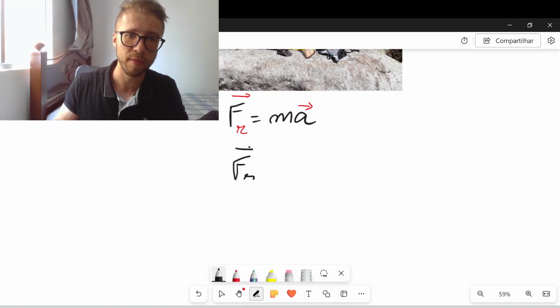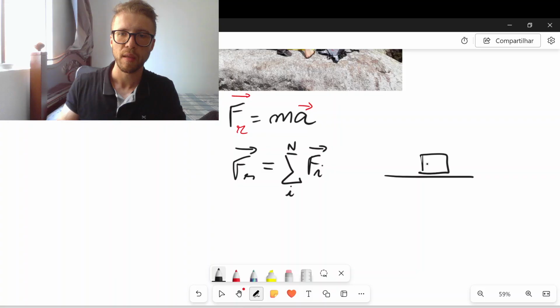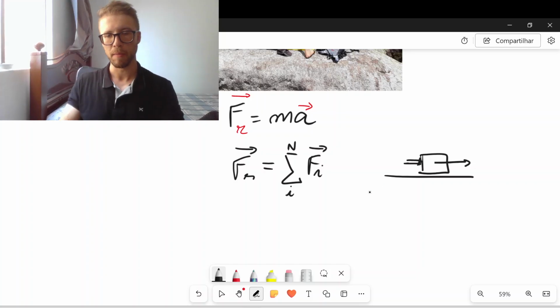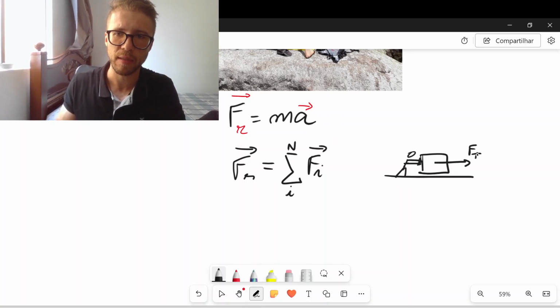F sub r, the resultant force, is the sum of all forces acting on this body. For example, I have a box, and I will push it. I'm strong as hell, my big arms, so I'm doing a real push. So F sub j, James.